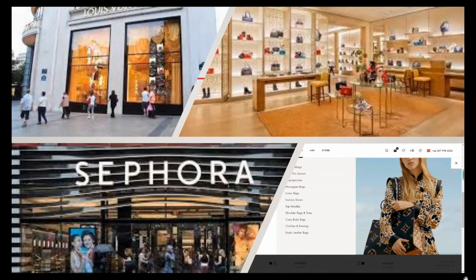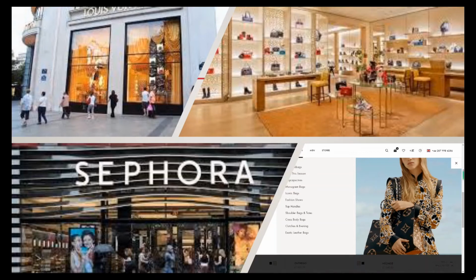LV rarely grants licenses to other online outlets, outlet stores, or department stores. The main purpose is to maintain the exclusivity of their products.